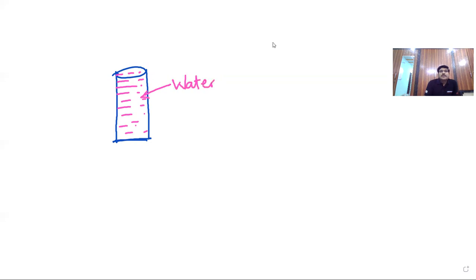Let us say there is a cylindrical flask, completely filled with water. Let the diameter of the cylindrical shape be D, and the height be H. Now, what is the volume?